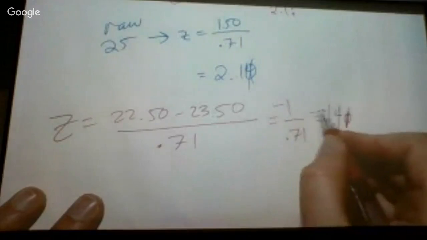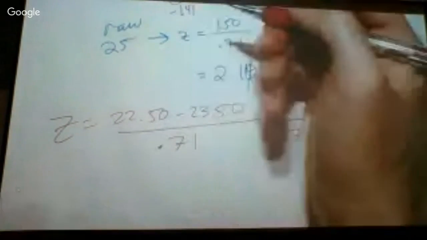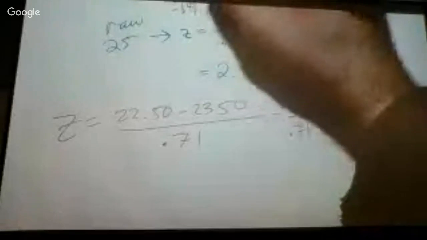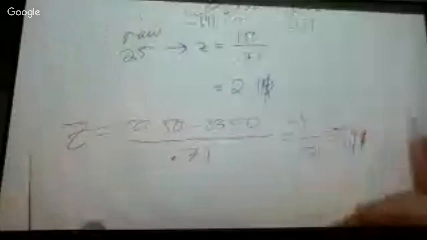Thank you. Negative 1.41. You are right, 1.41. I was wrong. That gives 0.42, or around 42%. 42% plus 48% gets how many percent? 90%.